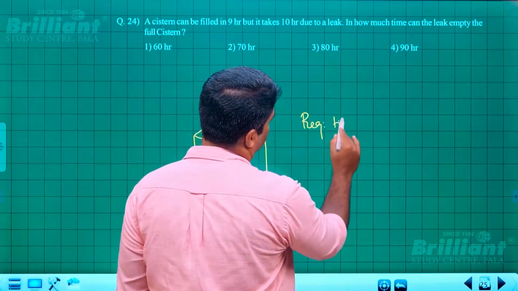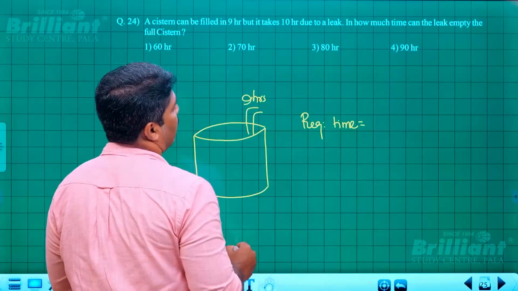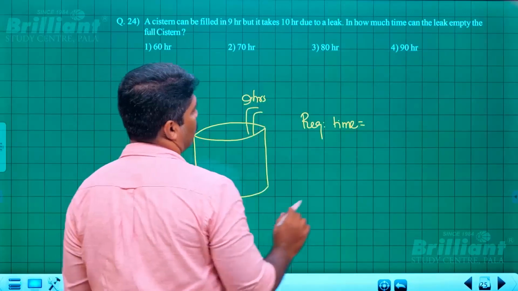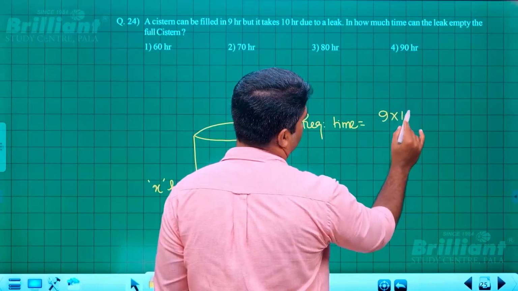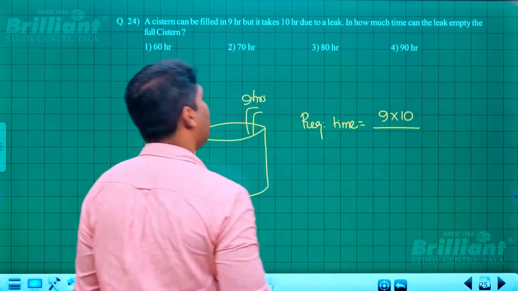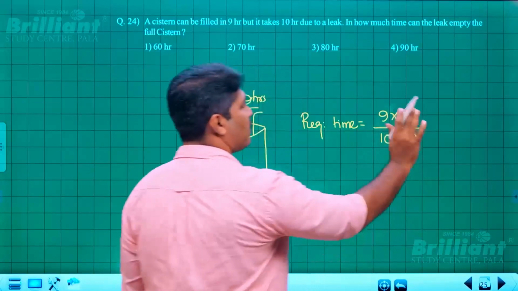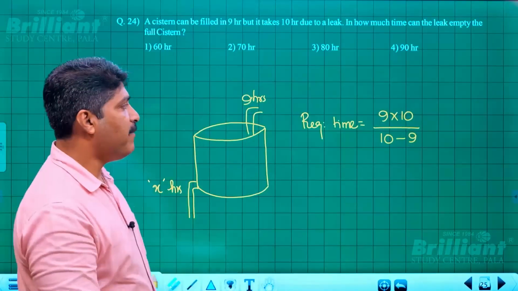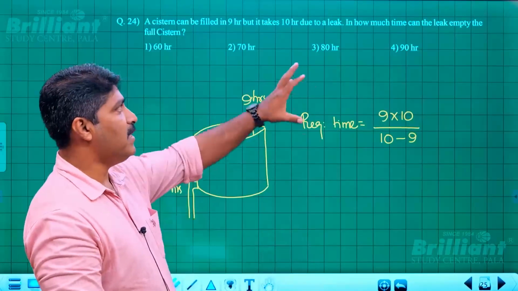It is simply their individual times, 9 hours and 10 hours, so that is 9 into 10, divided by the difference between their times, that is 10 minus 9. That's the time taken by the leakage alone to empty the cistern.